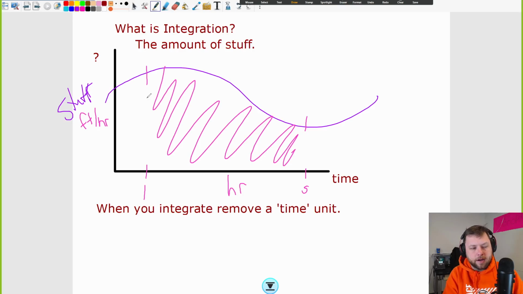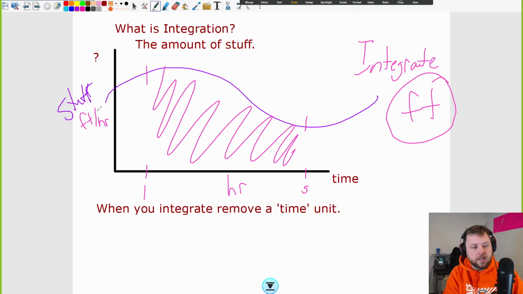If I integrated between hour 1 and 5, my integration is going to tell me how many feet of stuff. You know how this is feet per hour? When you integrate, you remove one of the time units. So that's one thing you might want to remember. You integrate, you remove a time unit. Like when you derive, you add a time unit to the bottom. You integrate, you're going to be removing one.